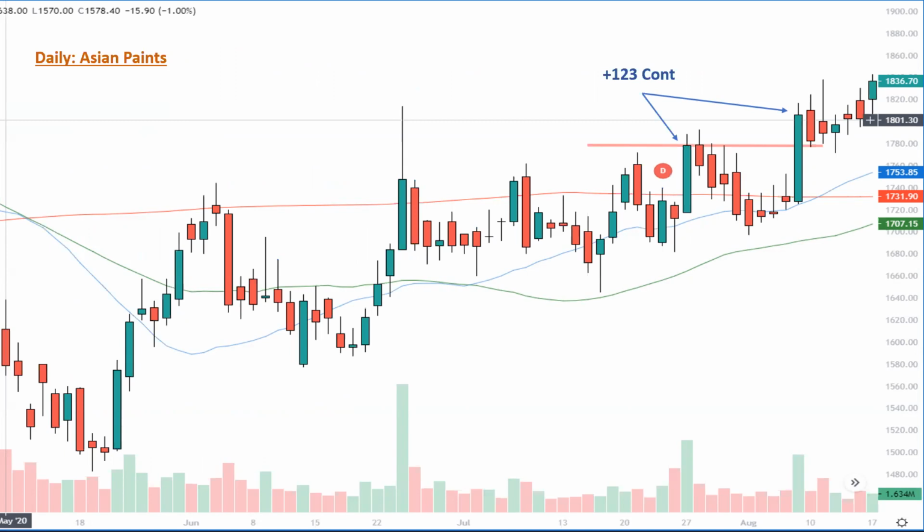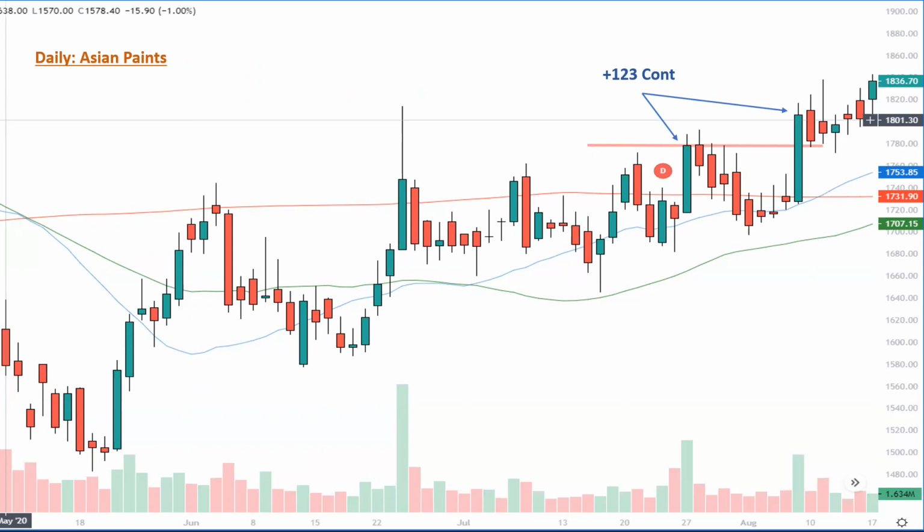What you can see here is that the first wide range bar did not perform well. We have not taken the entry, or we should not take the entry, after the first wide range bar. Okay, why? The question would be why.